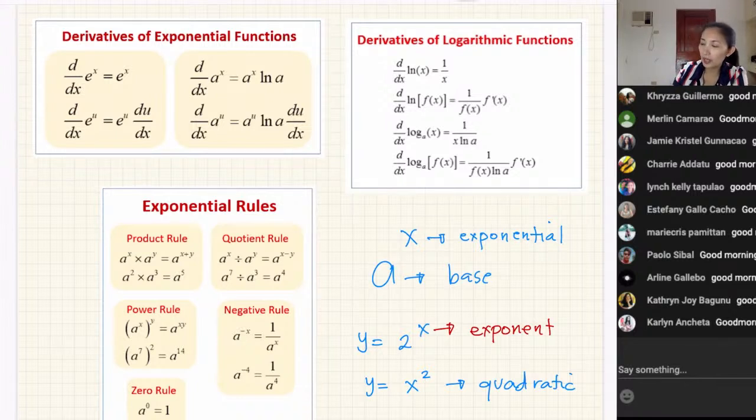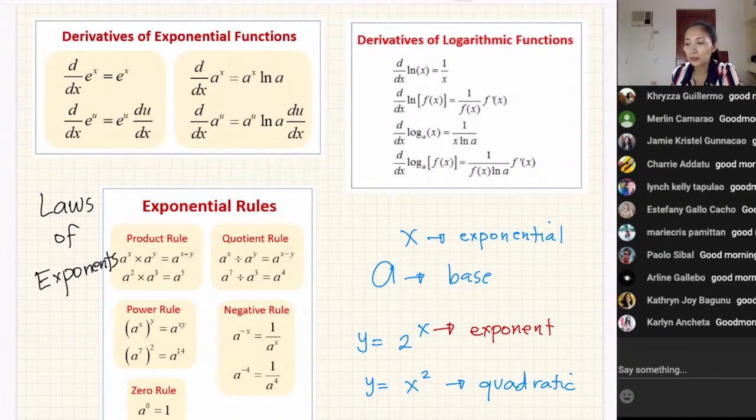So those are the rules, or should I say the laws of exponents, from your basic math, also called exponential rules.